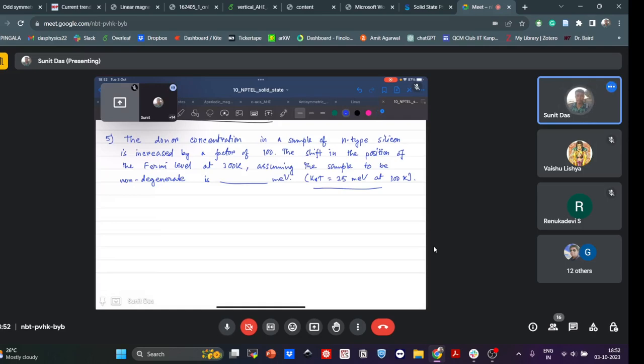That's why we do not need explicit information of the donor concentration and NC, the effective density of states at the conduction band, because that will come out to be a ratio.